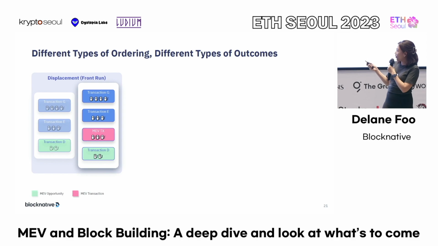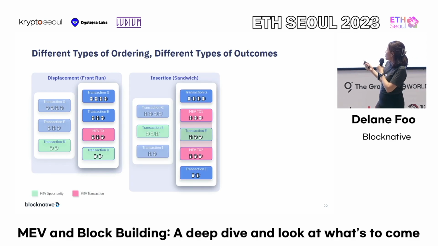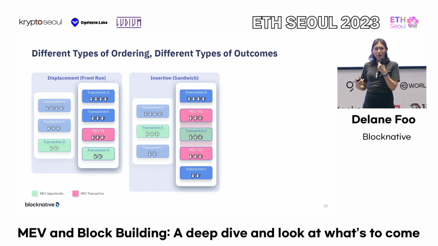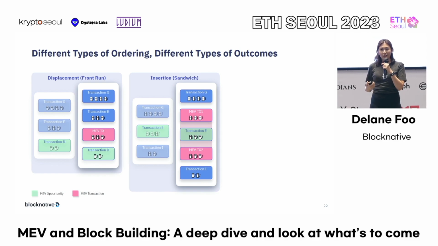There's displacement or front running. There's insertion and sandwich, where you have a MEV transaction that is in front and behind the target transaction. So if you have done a Uniswap transaction, and if you are sandwiched, you have less favorable settlement.